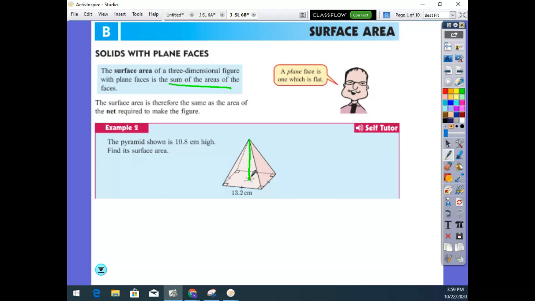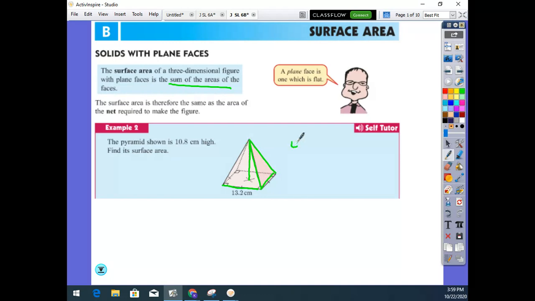Okay, so the tough part about this is visualizing what's going on. First of all, what is all the outsides of the pyramid? A pyramid has a square base. So if this is 13.2, this is 13.2. Then there's 4 triangles around the outside.